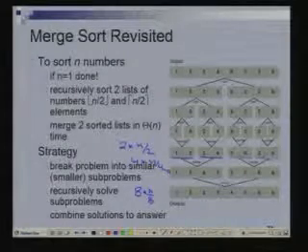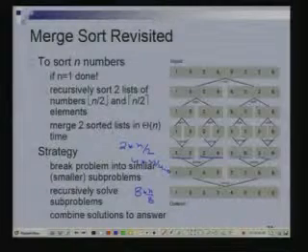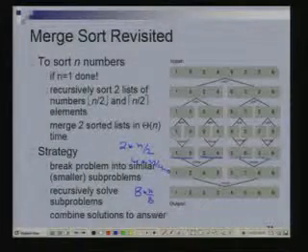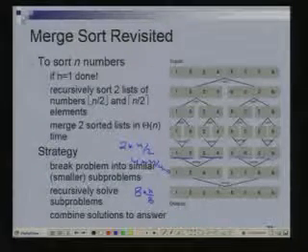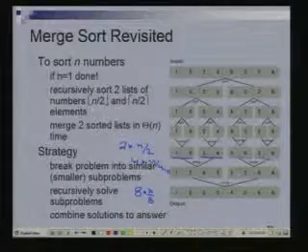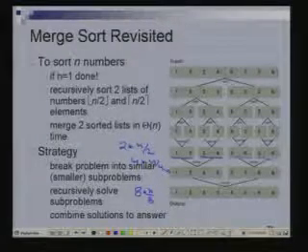Here n is 8, so there is only one such merge, but in general there would be n by 8, and so you would get such a sequence. This is what you have to sum. This is the total time spent by your algorithm. We'll see this in a slightly different way in a short while.